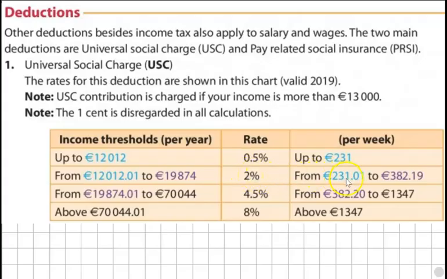So per week, that's from €231.01 to €382.19. And then from €19,874.01, but we can forget about the 01, to €70,044, the rate is 4.5%, so above €382.20 to €1,347, again, that's per week. And above €70,044, it's 8%, so that's above €1,347 per week.